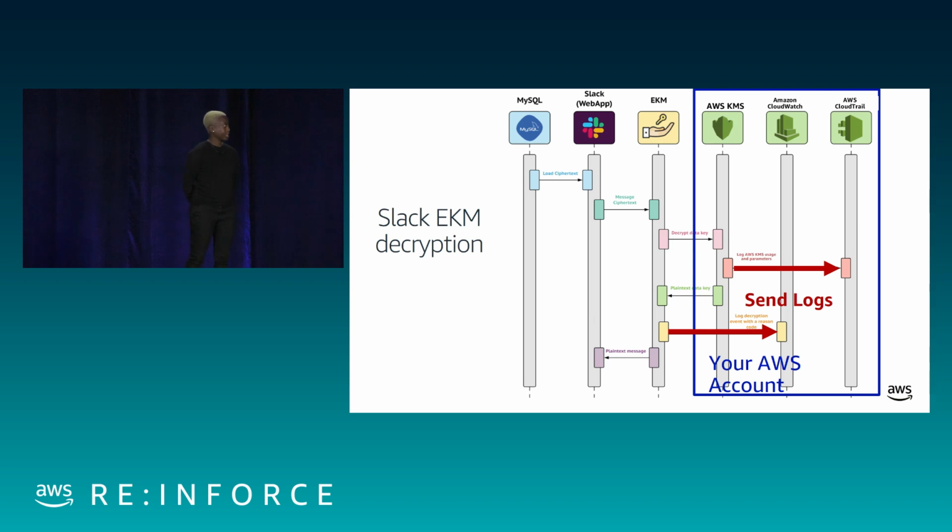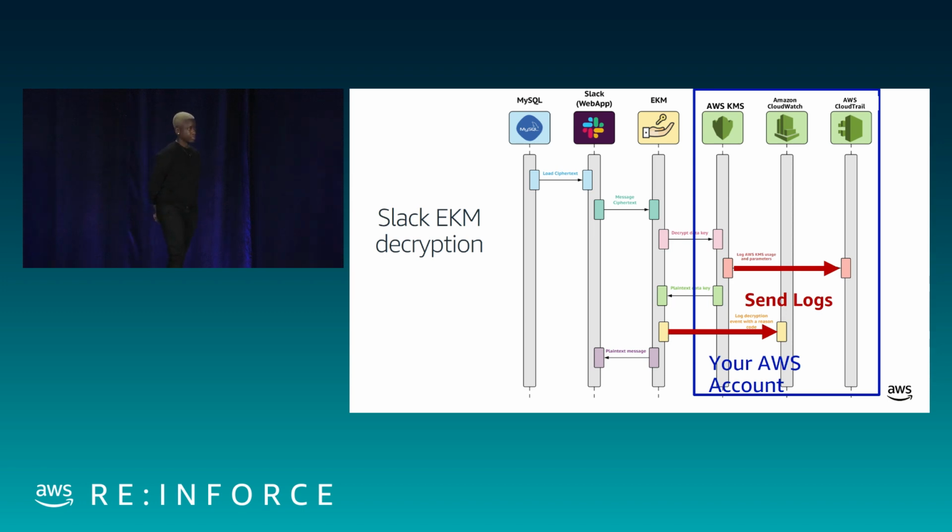You may have noticed that I mentioned logging twice here. There's the first time directly from KMS that logs to CloudTrail, and then a second time where EKM logs directly to CloudWatch. I'm going to show some examples of what those logs look like, but they're slightly different.